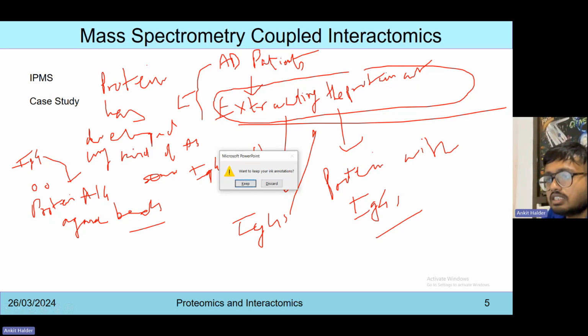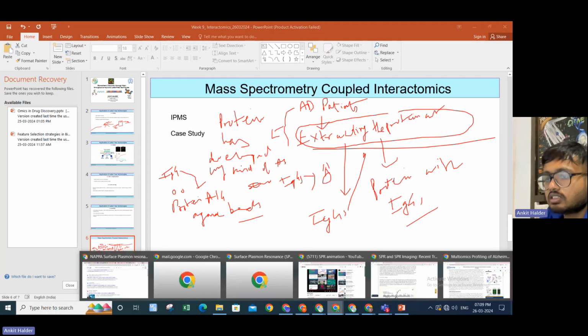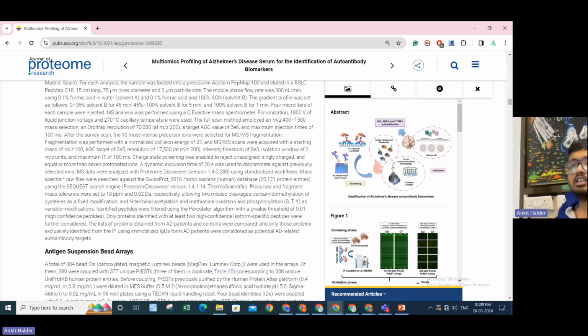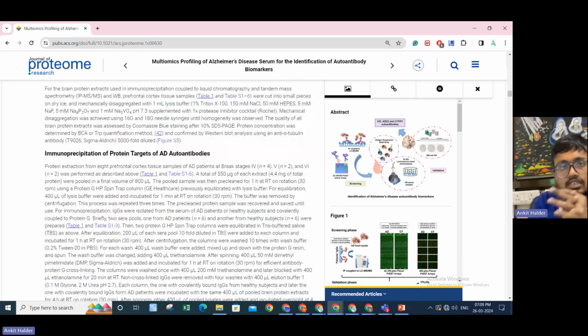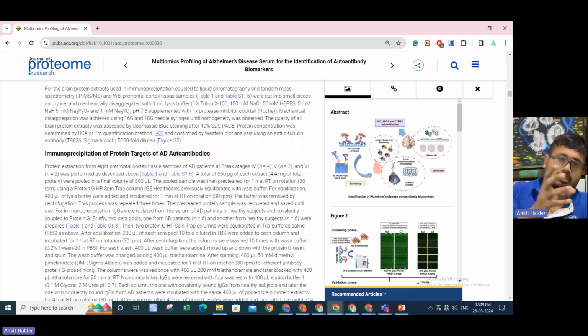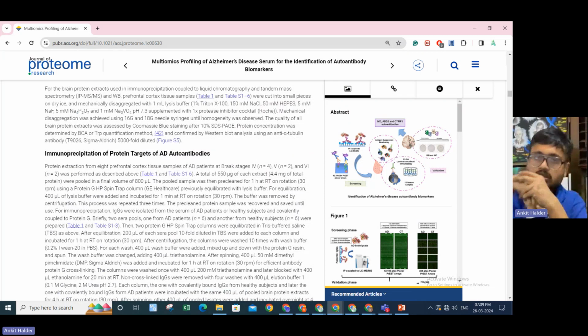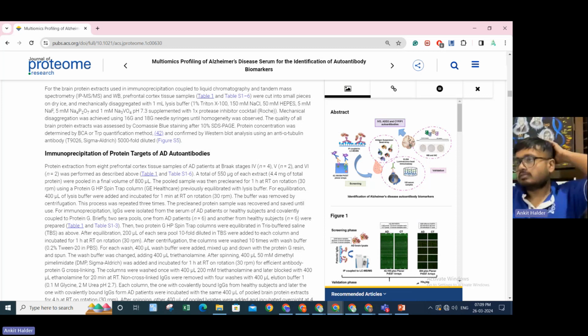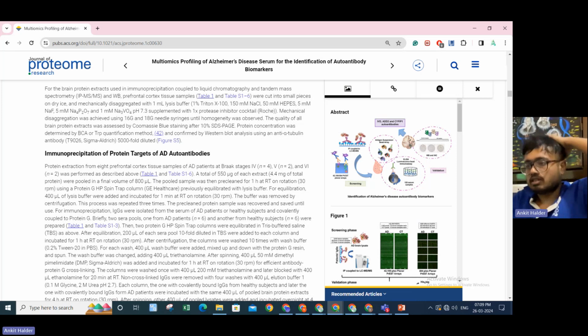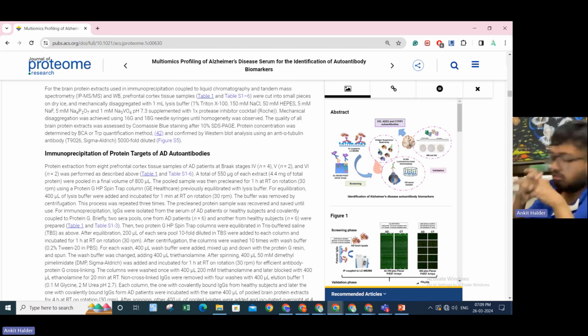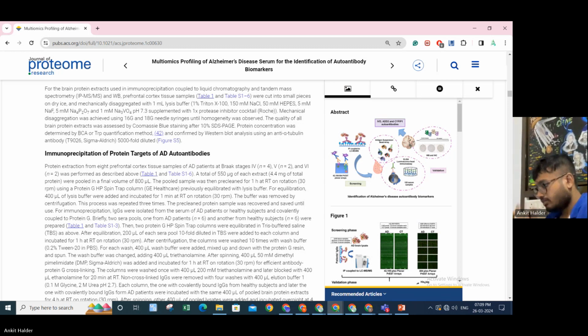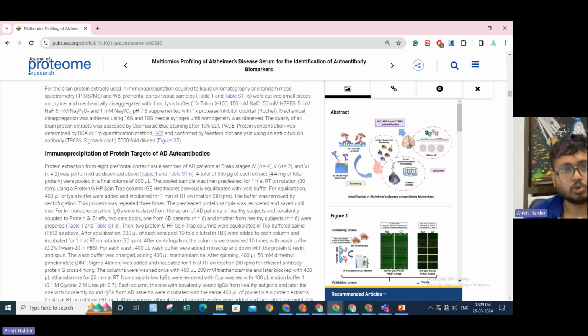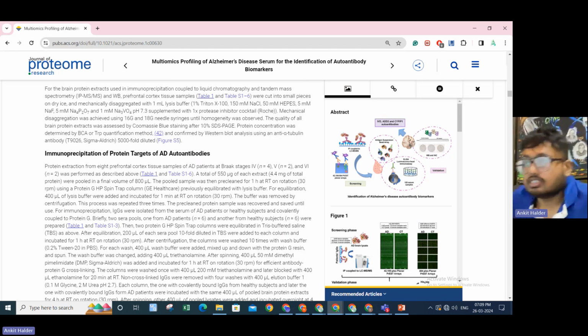So now we will see how the LCMS analysis has been performed. Again, just think: I have given you the concept of extracting out the protein pool because of interacting with the antibody. If there is any protein from outside, which is not of these particular antigens or antibodies, then definitely it will not interact with the protein pool.